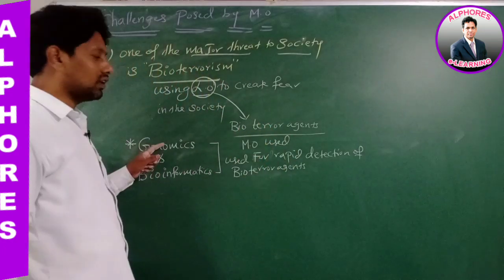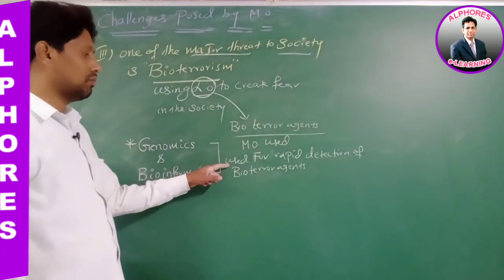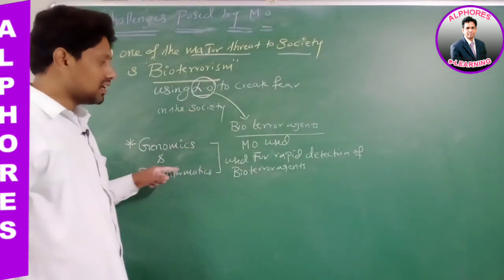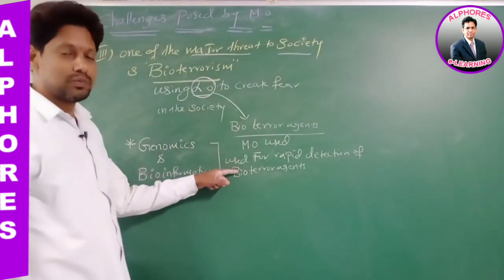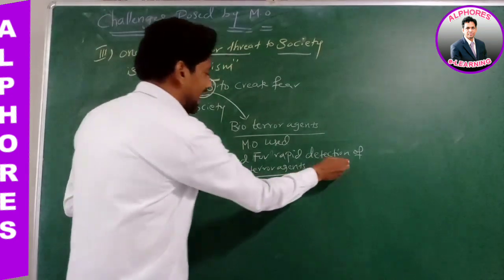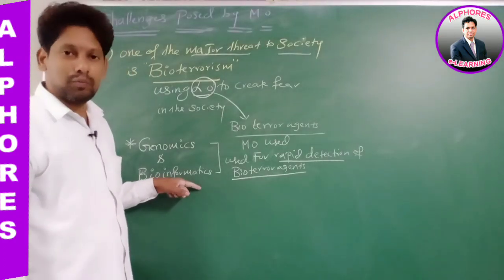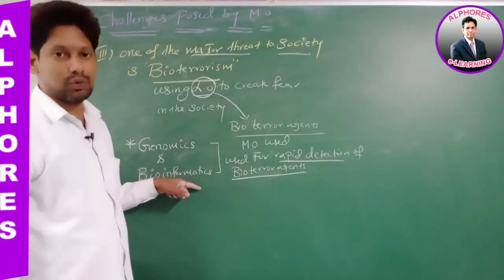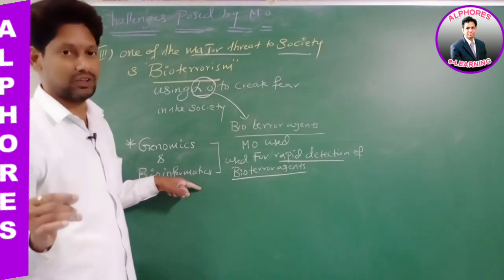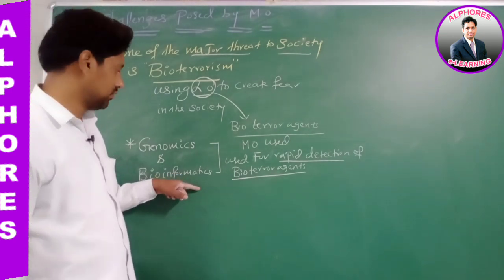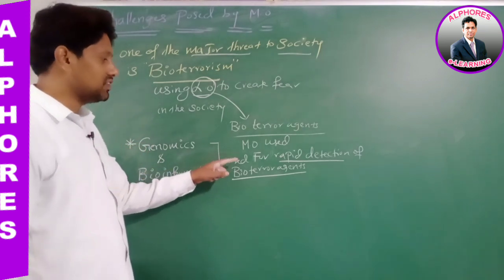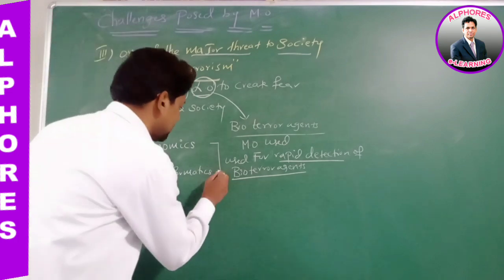Sir, what and what are used for rapid detection of bioterror agents, sir? Genomics and bioinformatics. Sir, the agent which is responsible for bioterrorism, if that agent is rapidly detected, then automatically we can find a new vaccine, we can find a new therapy. Yes or no? Therefore genomics and bioinformatics are used for rapid detection of bioterror agents.